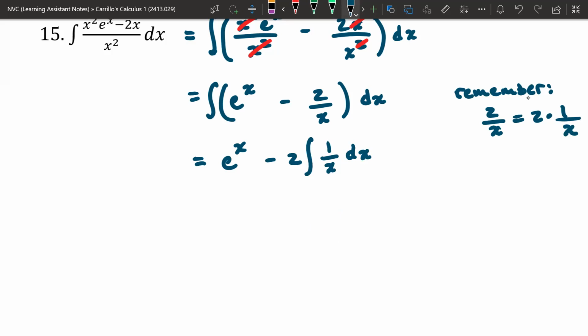If you refer back to the beginning of the lecture, this is a given antiderivative. The antiderivative of 1 over x dx is just natural log of x. Or again, if you're thinking backwards, the derivative of natural log of x is 1 over x. So that would be our solution.